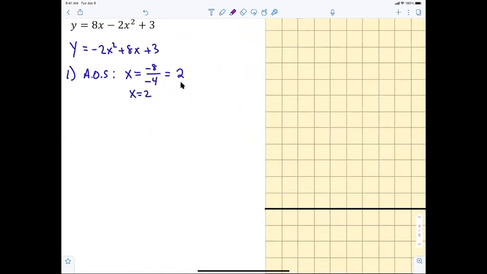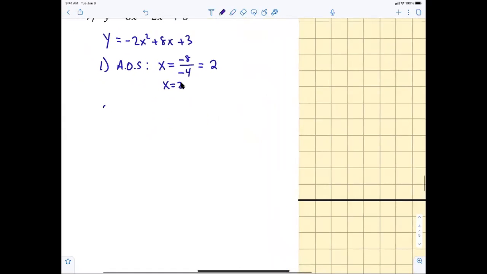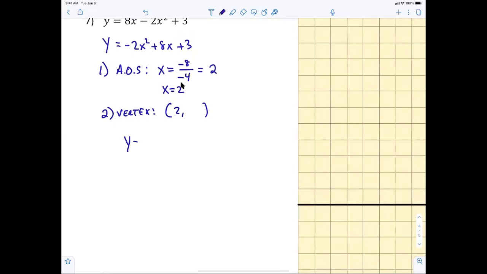Now, step 2 is finding the what? Vertex. So now plug 2 in. Is that right?